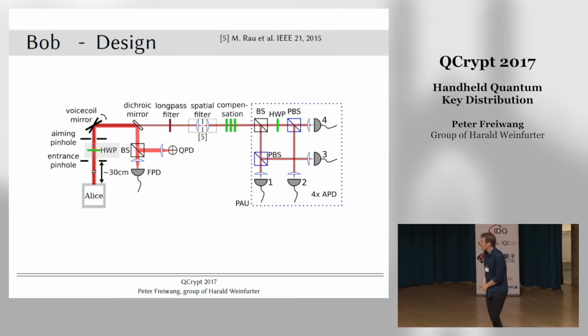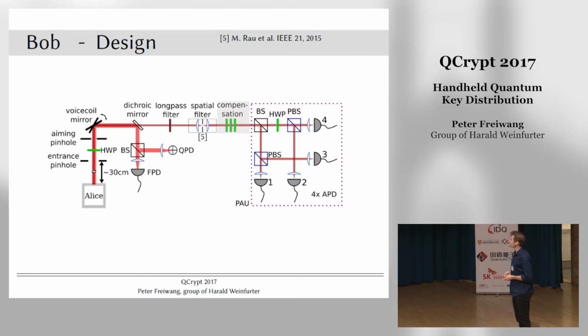And just because this is the most impressive thing for the guys who are visiting us, that we really can establish such a link between a mobile phone and a computer, and then a fast photodiode for synchronization, and one compensation step in order to compensate for the initial rotations by Alice, and also the rotations along the path in Bob.